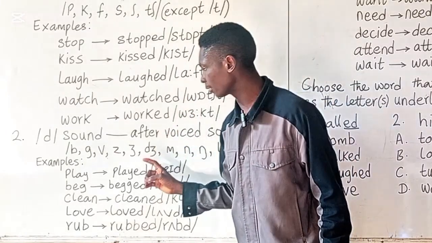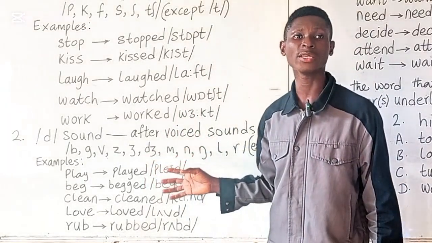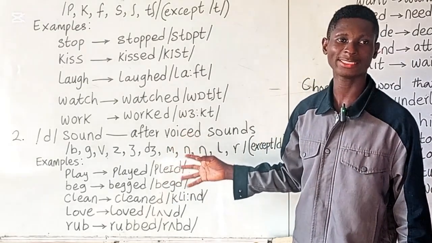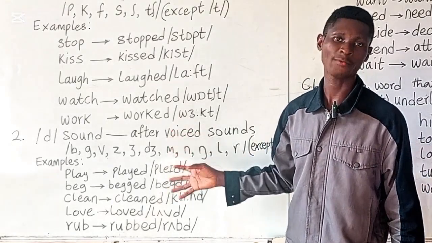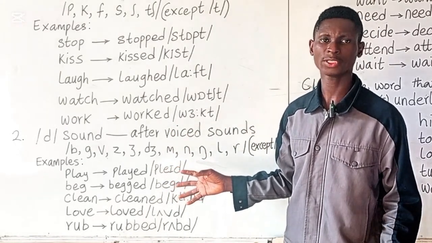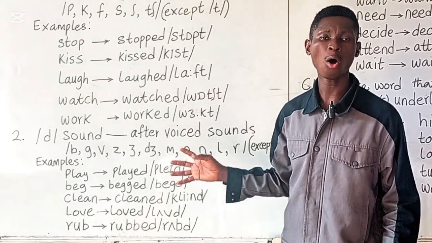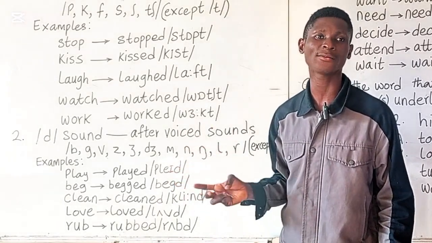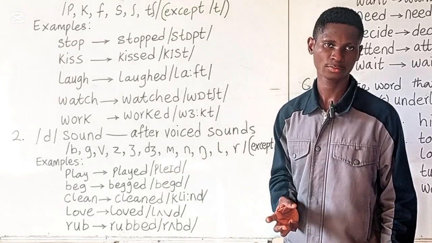So this particular aspect can either be a voiced consonant sound or a vowel sound. Remember, I made mention of the fact that all vowel sounds in English language are voiced.